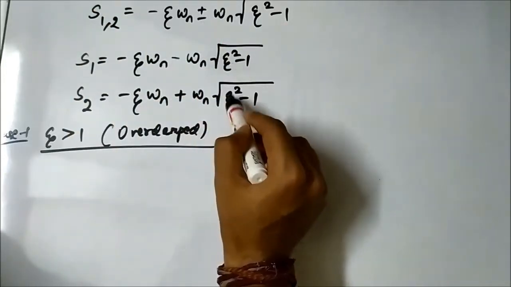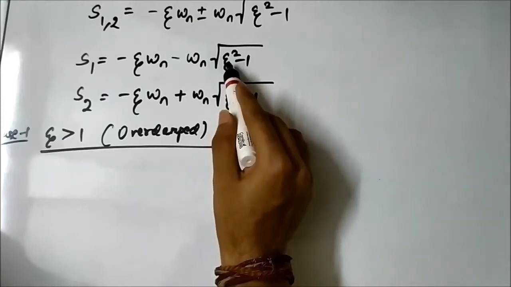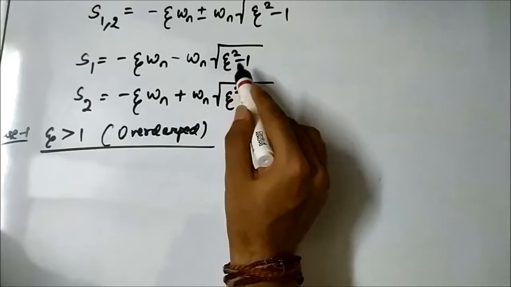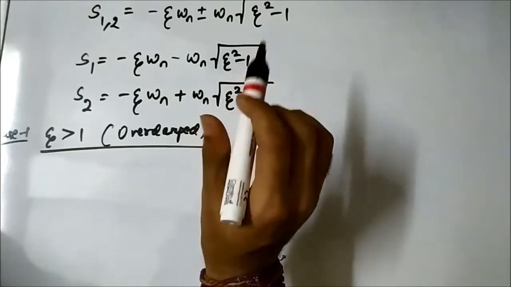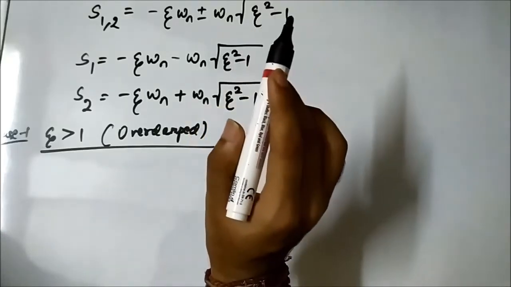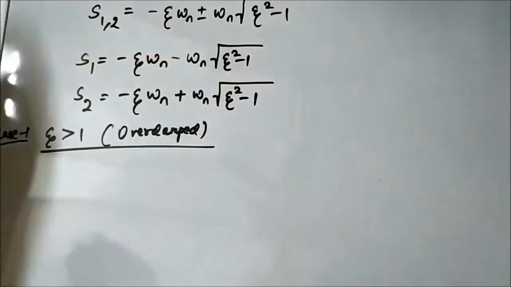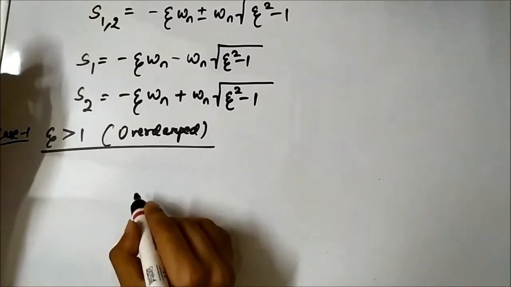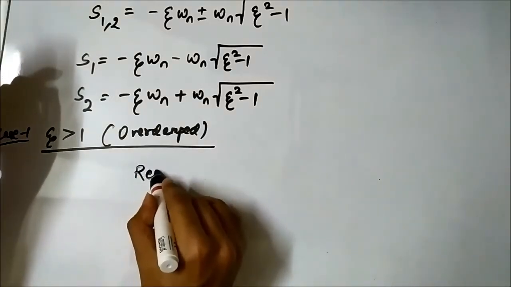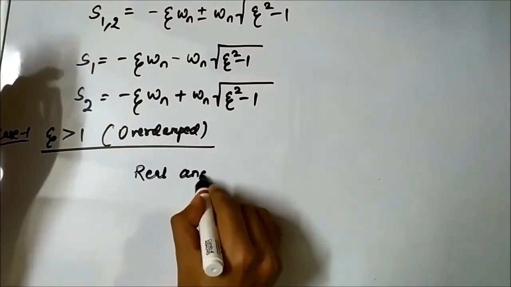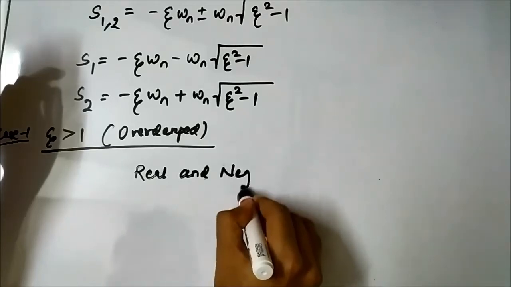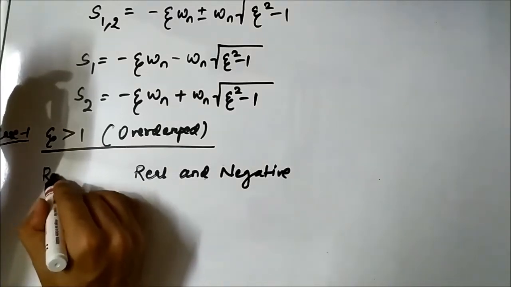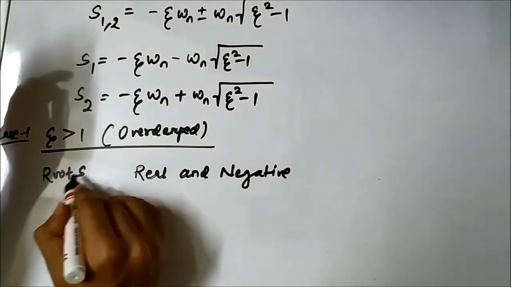So when zeta will be greater than 1, obviously zeta square will also be greater than 1. So there will be no imaginary roots here. That is the most important thing. So both of them, the roots will be real and negative.